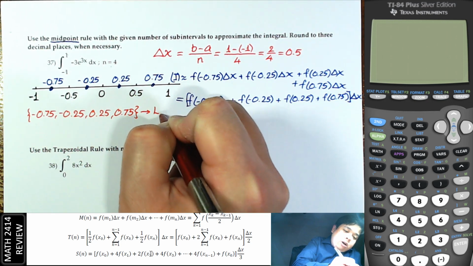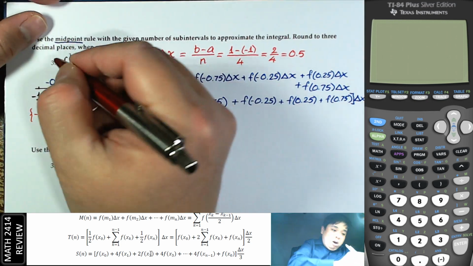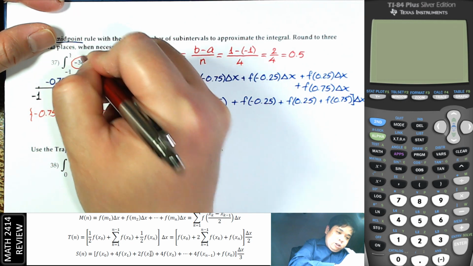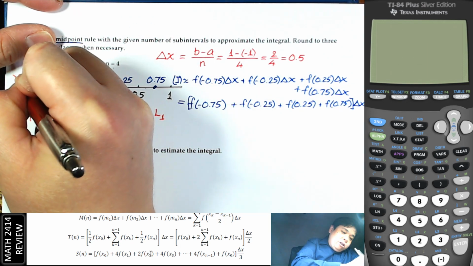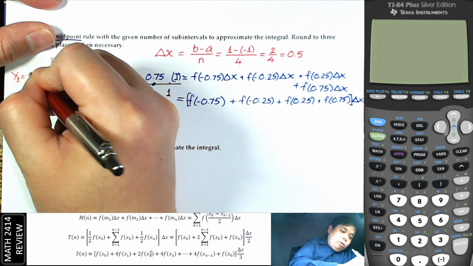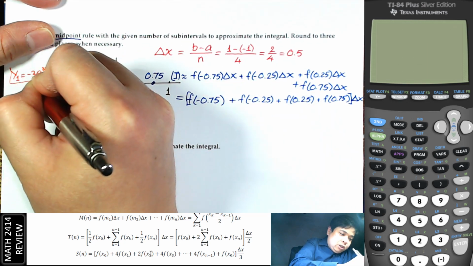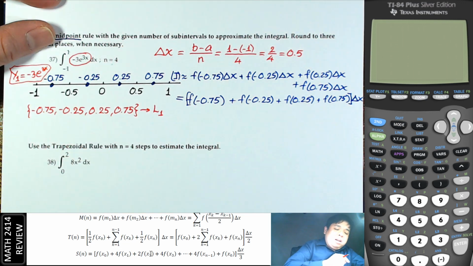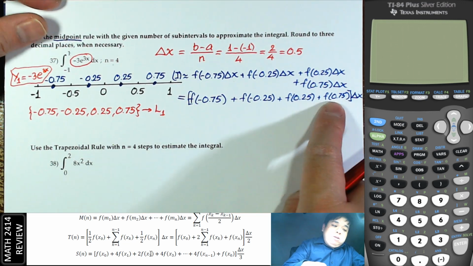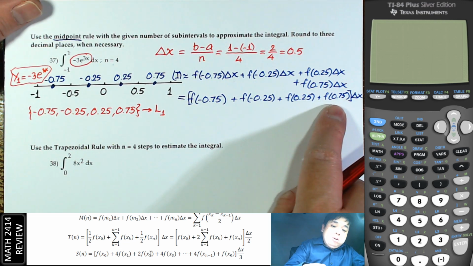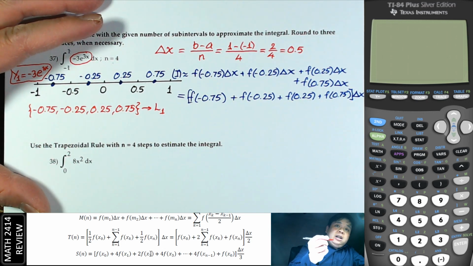Most importantly, we need to write the function. That is y1, -3 e to the 3x. So we need to type that first before we type the list, and then we add all of those function values and then multiply by delta x.